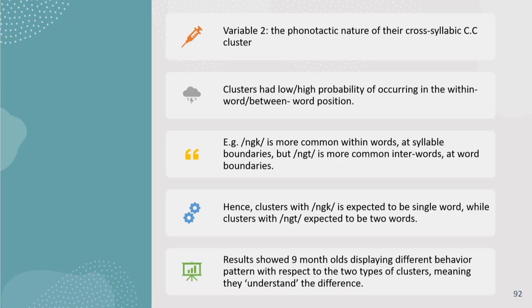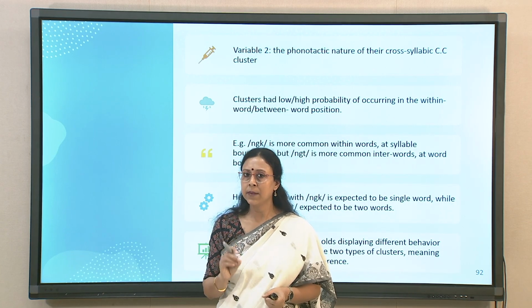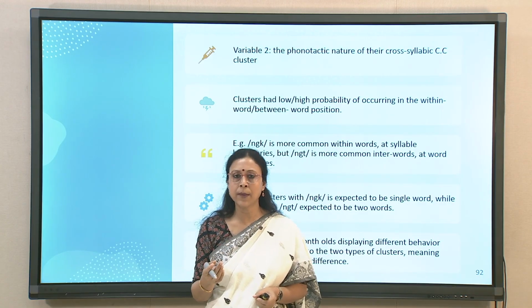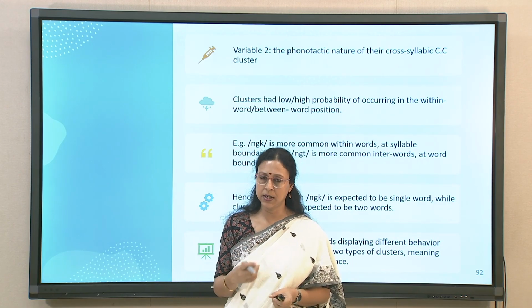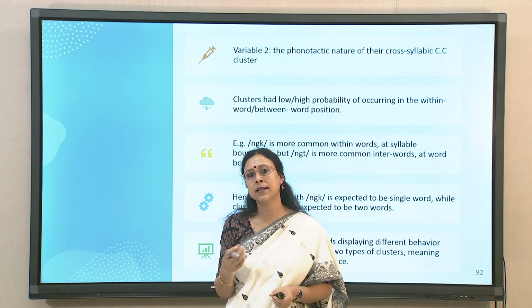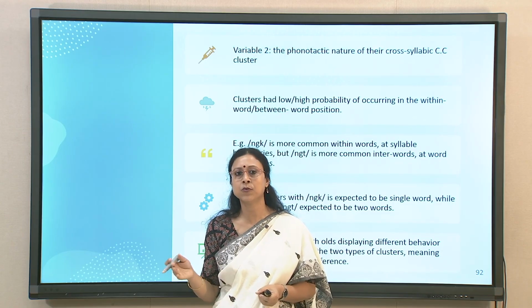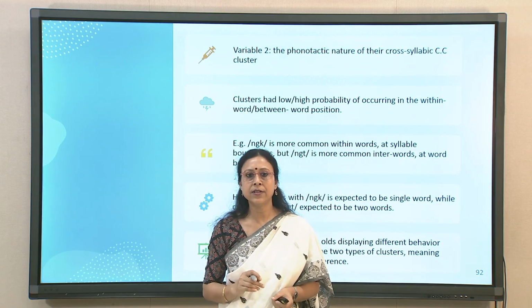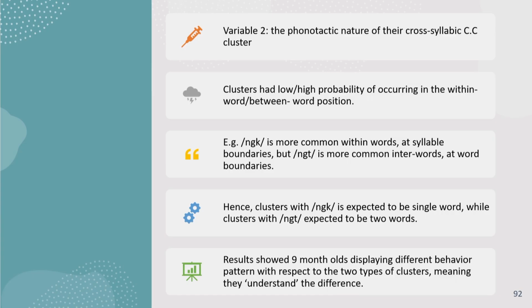So, they manipulated the syllables depending on the clusters. Some clusters had a higher probability of appearing inside a word, and others had a higher probability of occurring between two words, that is, at an inter-word location. For example, NGK is more common within words, at syllable boundaries, but NGT is more common between words, at word boundaries.